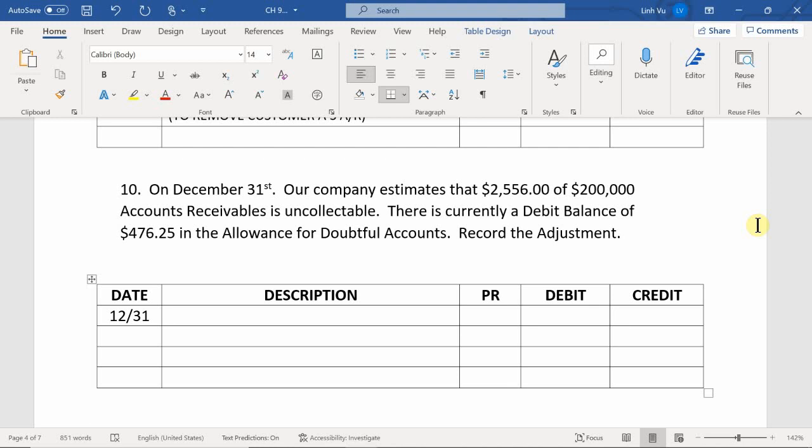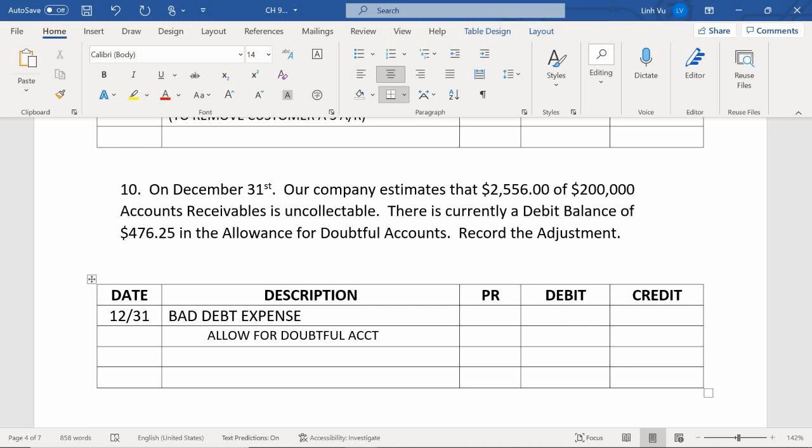With bad debt expense and then with the allowance for doubtful accounts, right? Correct. Now in this case, what is my grand total amount?